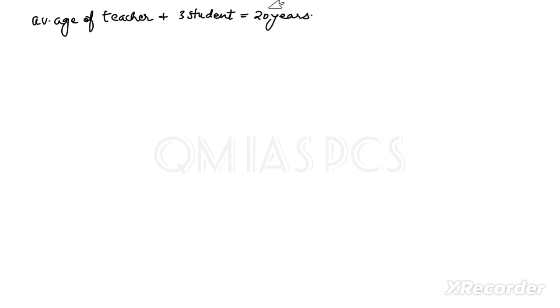If all the 3 students are of the same age, and the difference between the age of the teacher and each student is 20 years. So we can say, I'm just writing the statement here, teacher minus single student is equal to 20 years. Then it is asked what is the age of the teacher. We have to find the teacher's age.